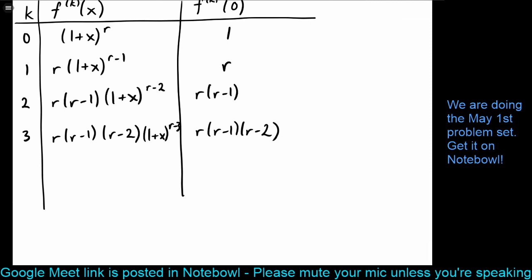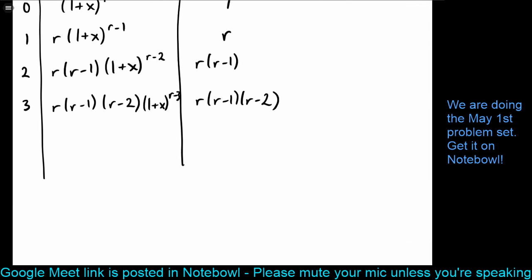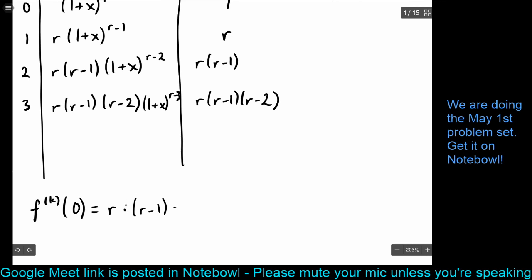And it's probably not too surprising at this point to see the pattern here. f_k of 0 is going to be r times r minus 1, r minus 2, dot, dot, dot. Now, what does this end at is the question.